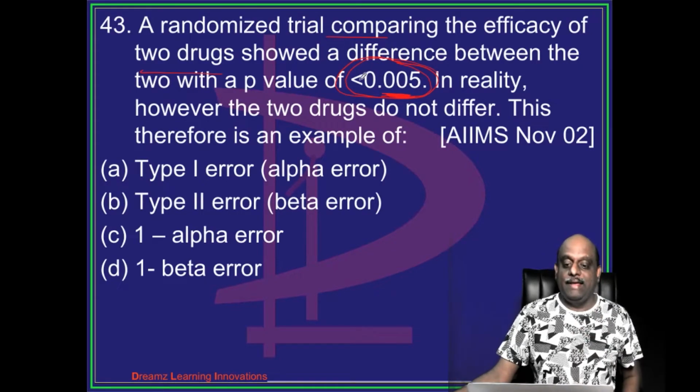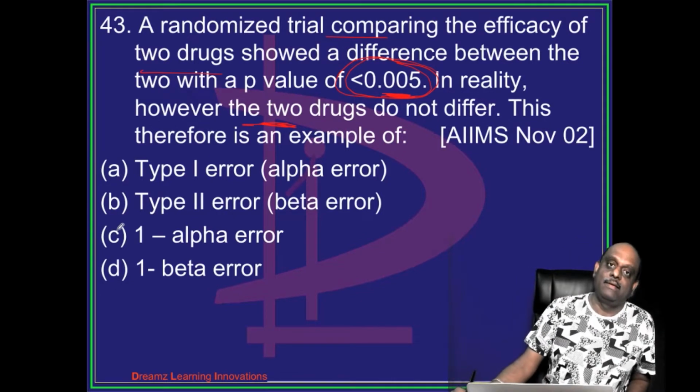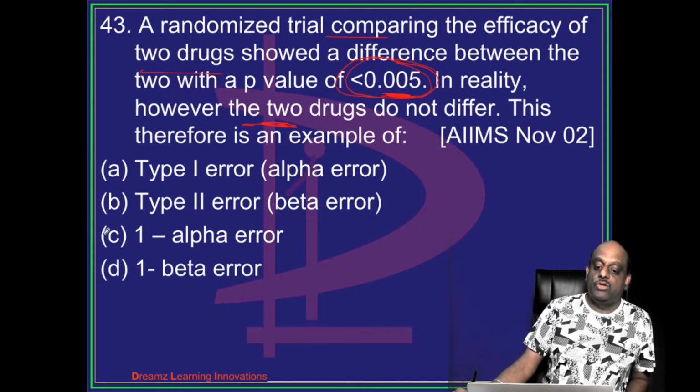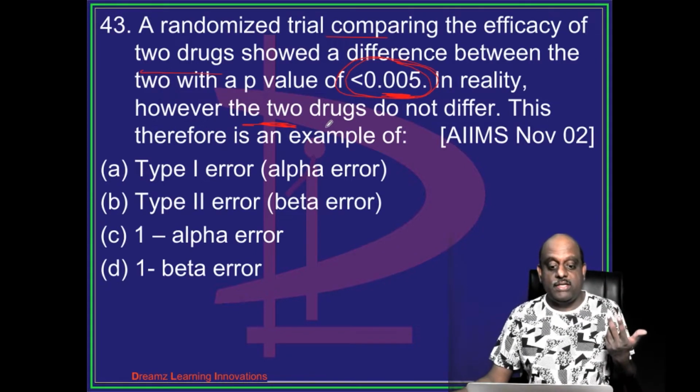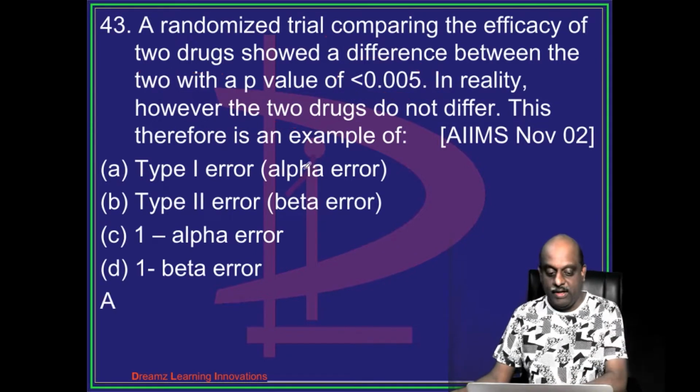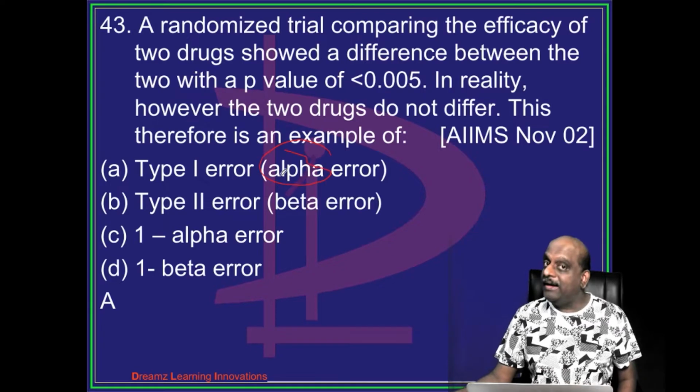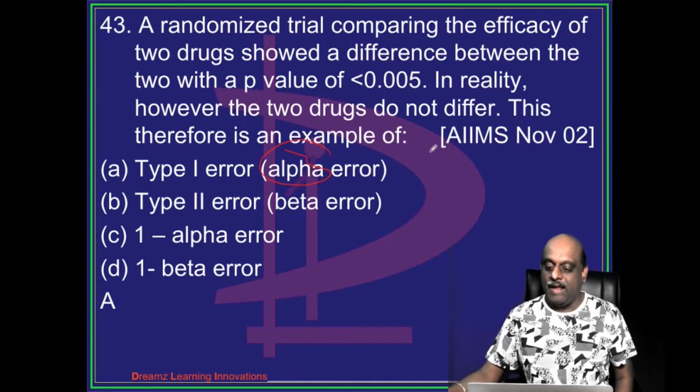But in reality, the two drugs do not differ. Right? So, what is this an example of? It is an example of type 1 error. Type 1 error, false positive.